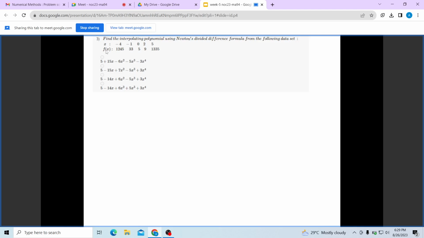You have been given x values minus 4, minus 1, 0, 2 and 5. Corresponding f of x values are also given. Using this data set, interpolate the polynomial using Newton's divided difference formula. It's similar to the previous question, just at the place of x we substituted 8 there. Now here we have to just keep it as it is and simplify it. You will get the polynomial.